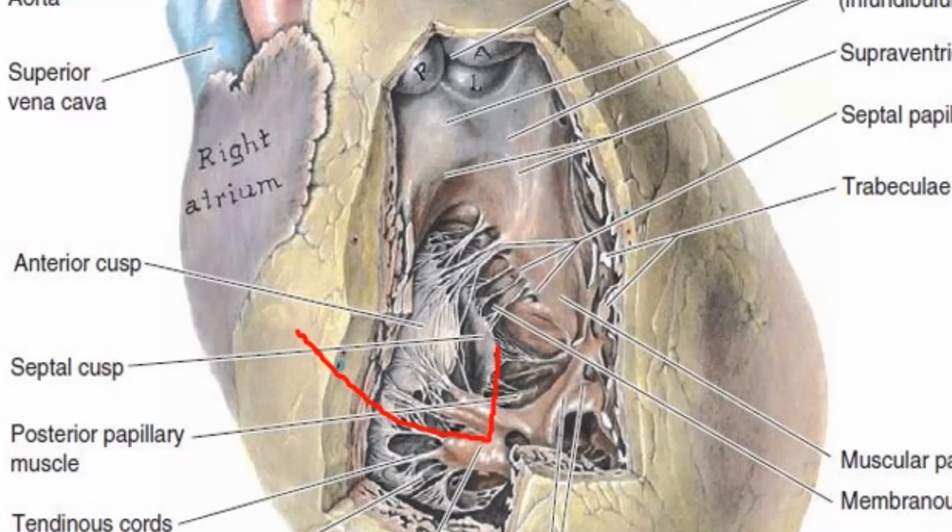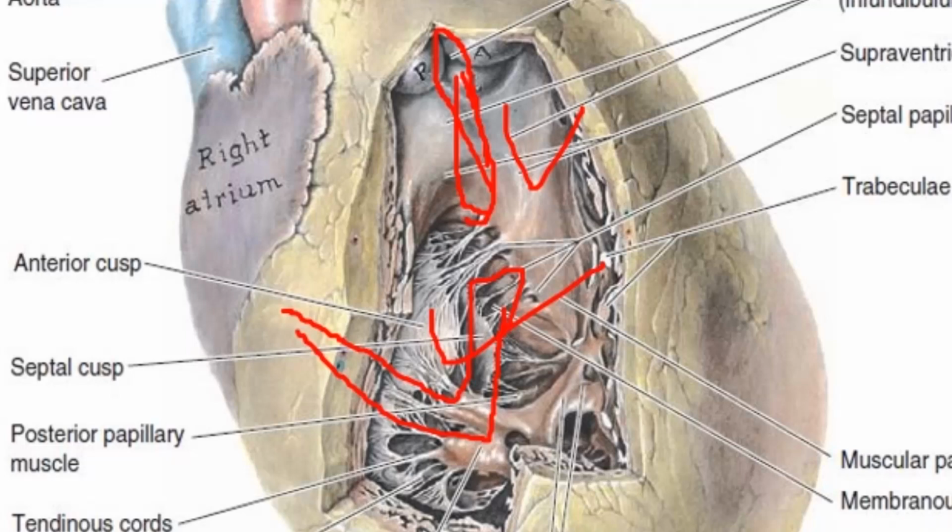Here is the inflow part. Now, the outflow part is the part through which blood leaves the right ventricle, and this is the area of the outflow part.